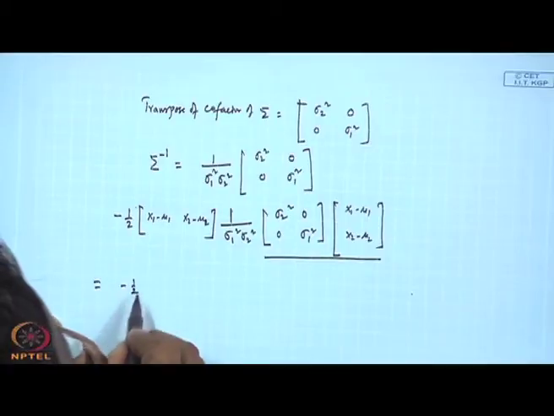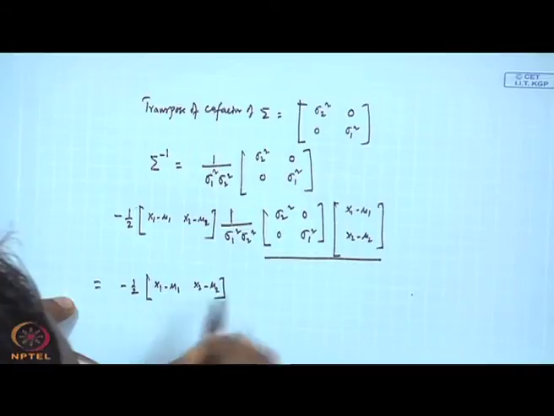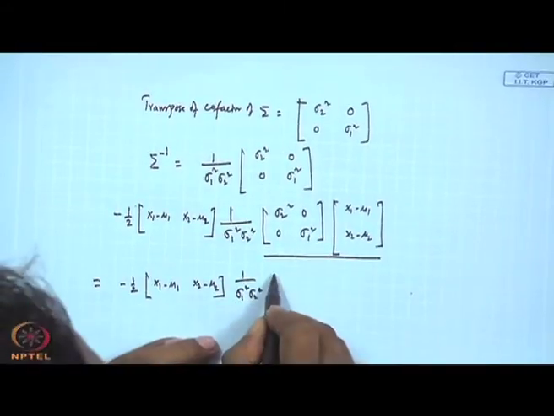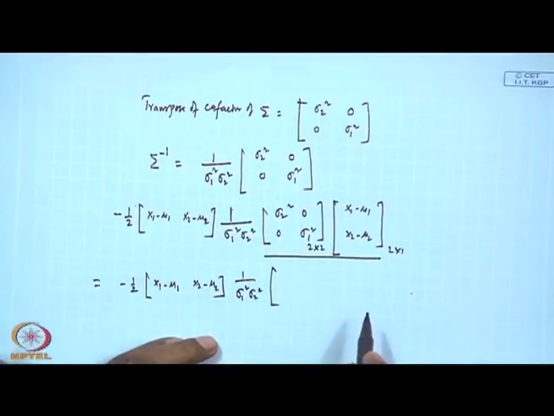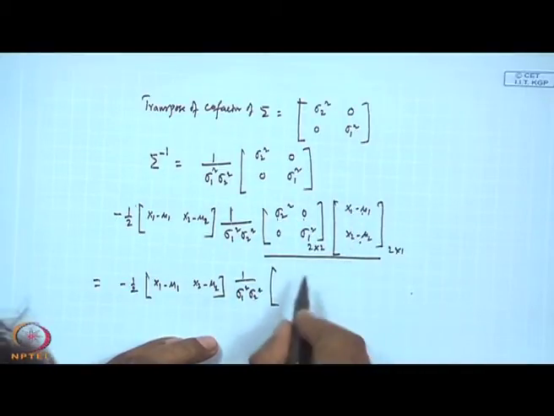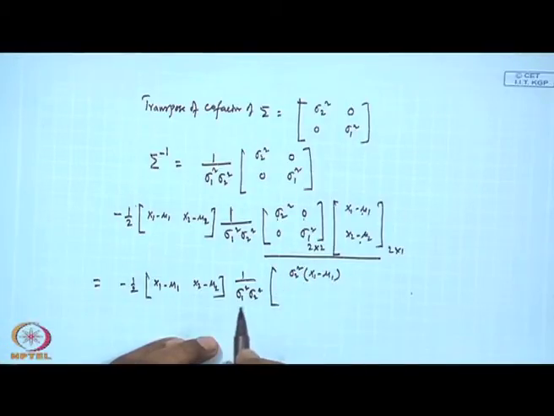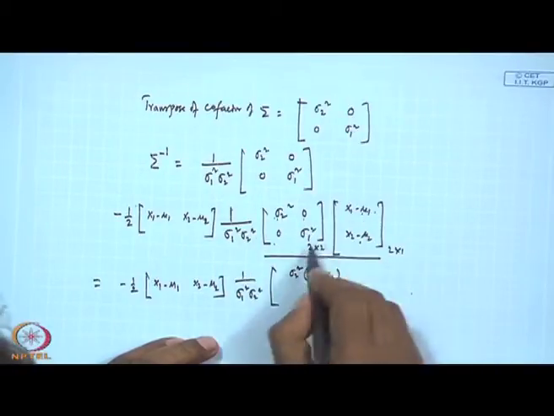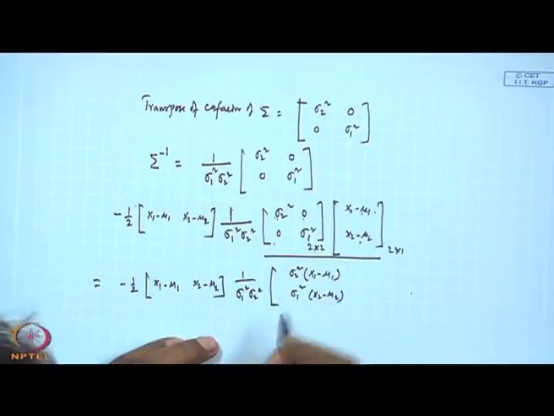You will get minus half, x 1 minus mu 1, x 2 minus mu 2, 1 by sigma 1 square sigma 2 square. This is 2 cross 2, this is 2 cross 1, so you will get 2 cross 1. This into this plus this into this. So it is basically sigma 2 square x 1 minus mu 1, then this into this plus 0, then 0 plus again sigma 1 square x 2 minus mu 2.